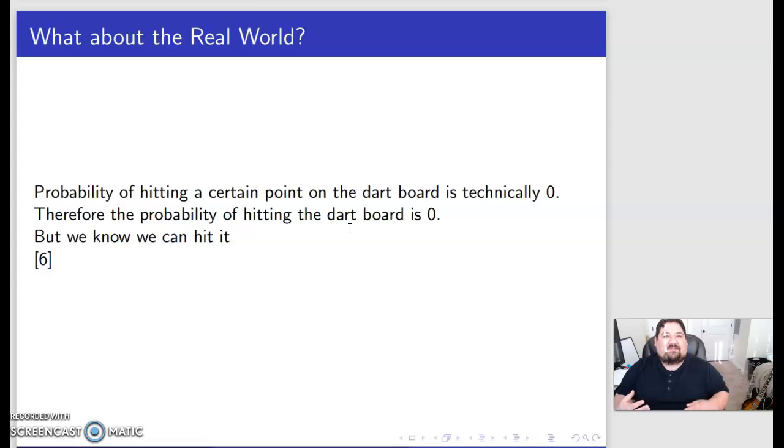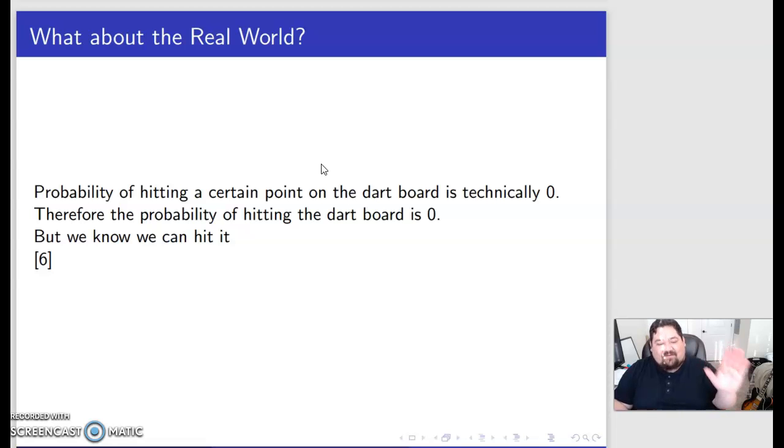But in a way, we're showing in the Cantor set that there are more real numbers, or more transcendental numbers, as they would call them, than there are just numbers in general. And so that gives us probability and says, okay, it's not actually 0. There's a certain probability of hitting the dartboard. And so that's one way the Cantor set makes its way into the real world.